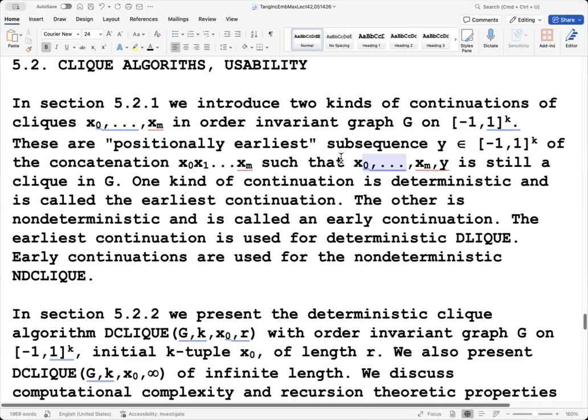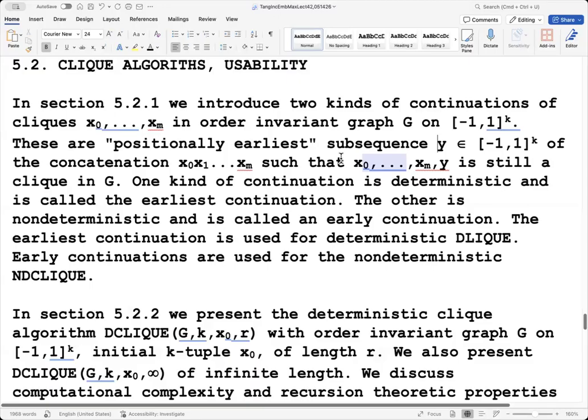You can put this in there. Okay, so the first kind is deterministic, and namely that we always use the positionally earliest subsequence to continue.